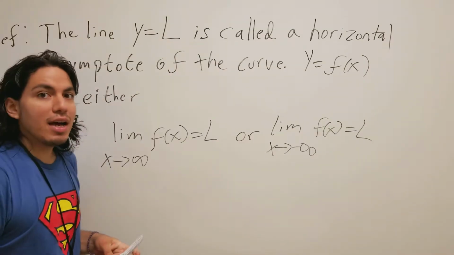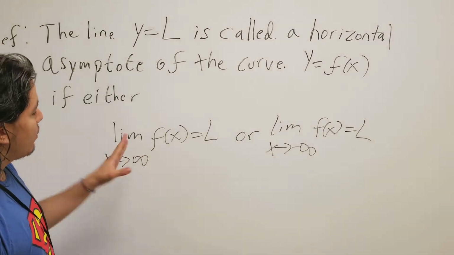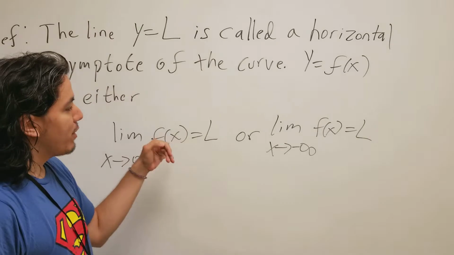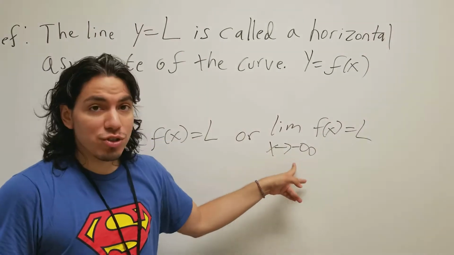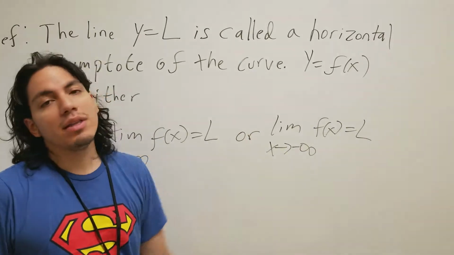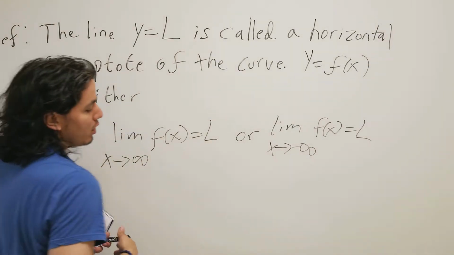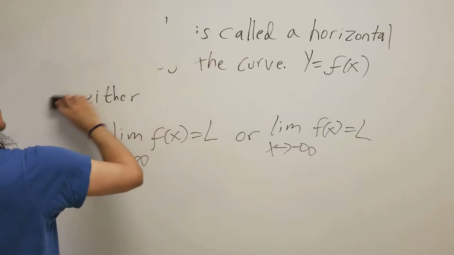So this is saying that as long as I get one value on the limit as x goes to infinity for my function, or if I get the same value from negative infinity, then you have a horizontal asymptote. So what's a good example of this?